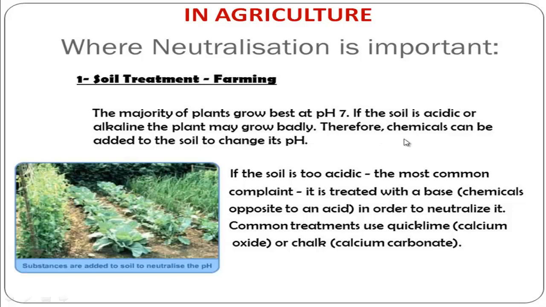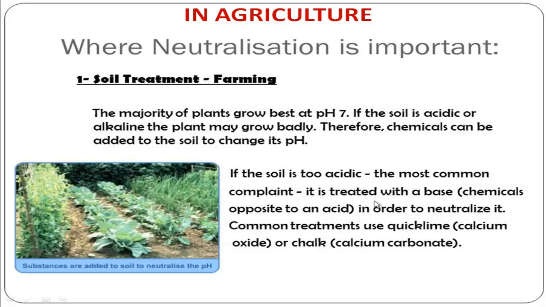For this, we have to treat the soil using the opposite substances. For example, for acid rain and also other reasons, most of the time the soil becomes too acidic and its pH level decreases.